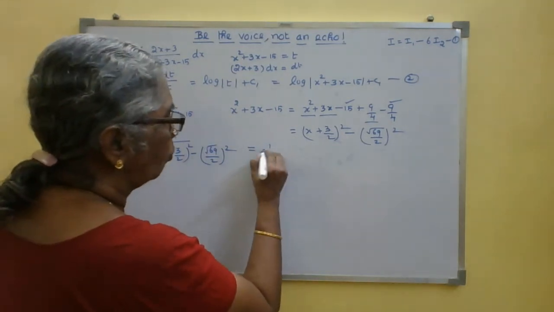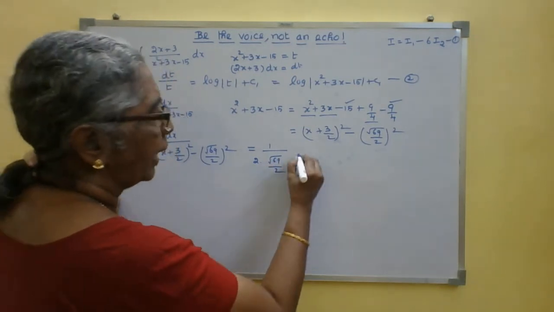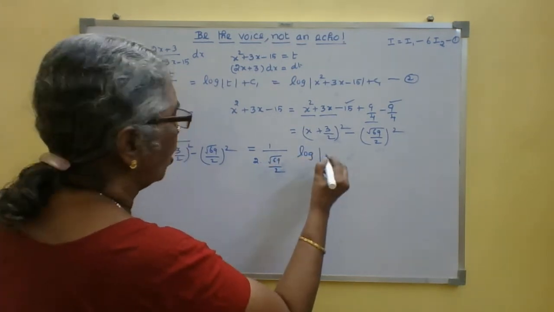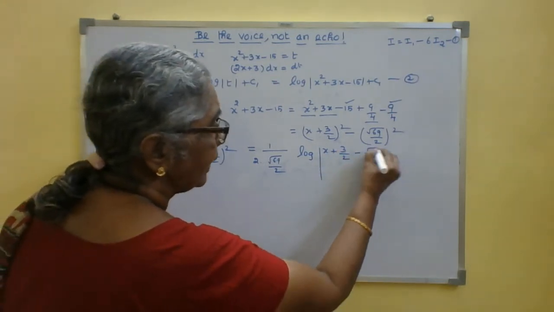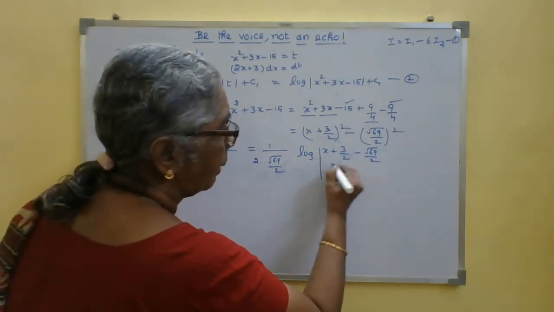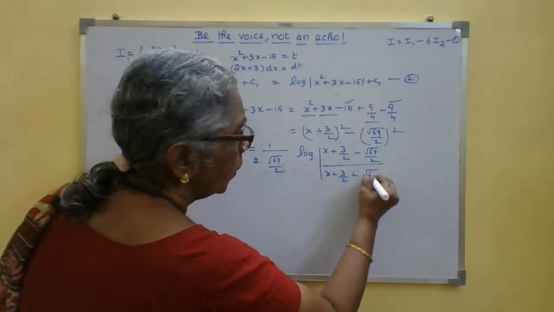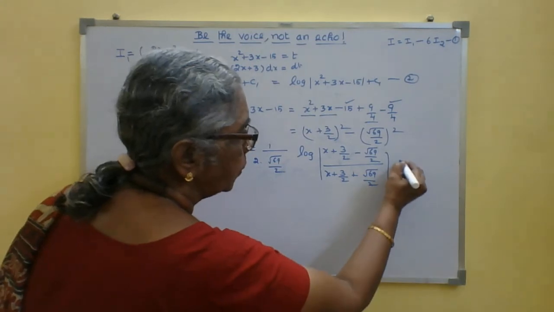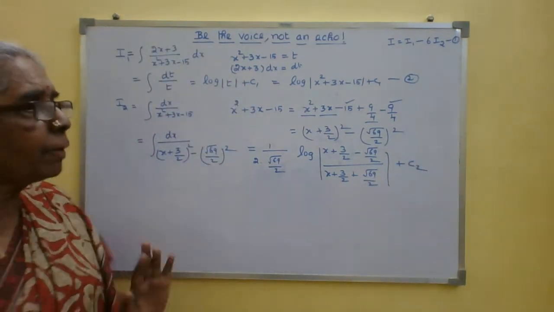So I will be getting 1 by 2a log mod x, that is x plus 3 by 2 minus a, that is root 69 by 2, by x plus 3 by 2 plus root 69 by 2, plus c2. This is what I will get. Let me simplify it a bit.